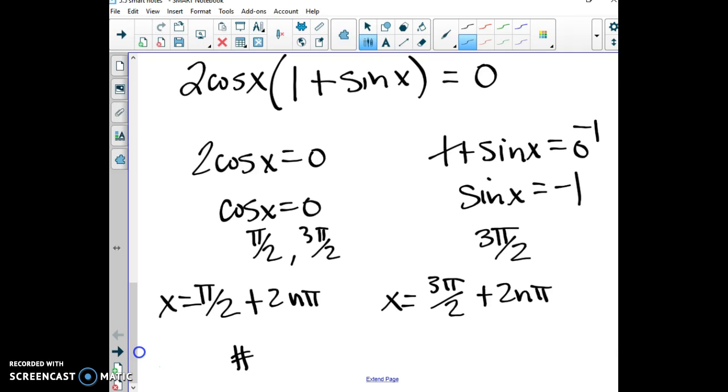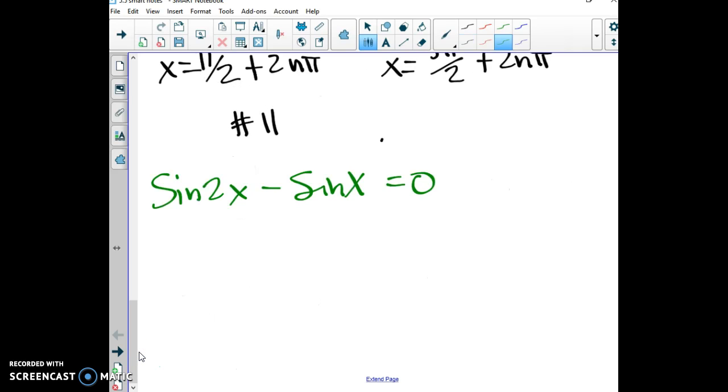You guys try problem 11 and come back and check. So we're going to start by renaming this double angle, just like in the last one. We know that this can be replaced with 2 sine of x cosine x, and we're going to bring this part down.